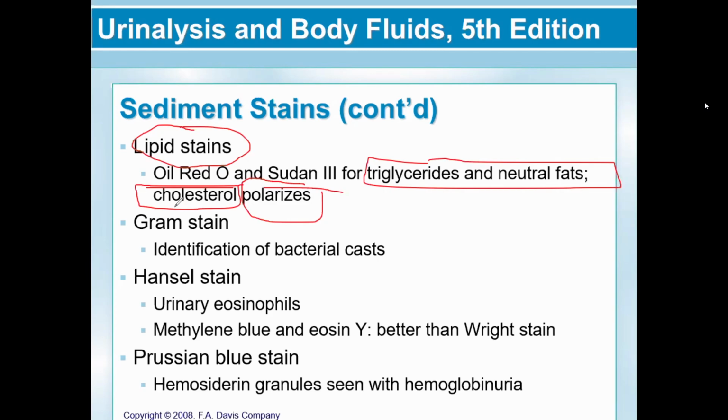Okay? So, next, we also have Gram staining for identification of what? Your bacterial casts. Or for example, when we're performing culture and sensitivity on our patient's urine, we do a Gram stain, right? So what does our Gram stain help with?